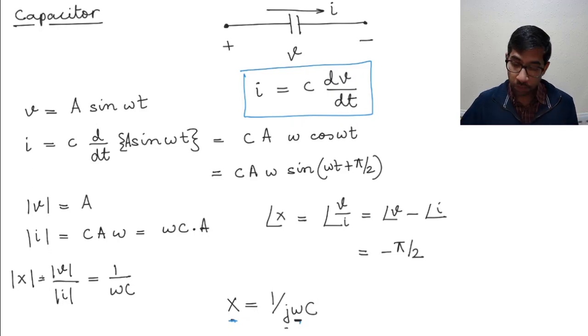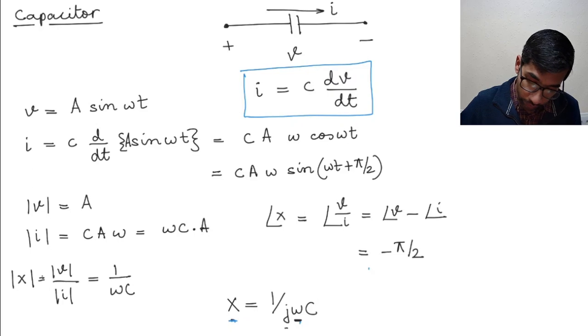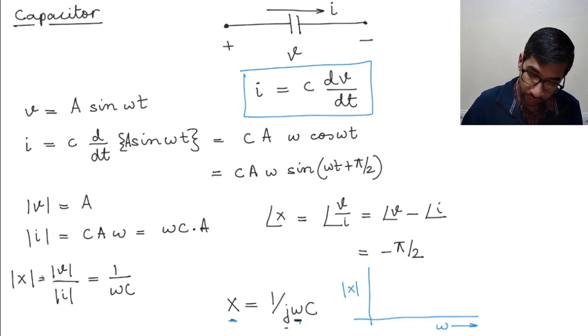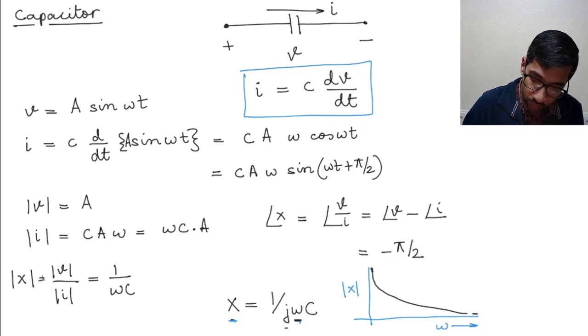So if you plot a frequency, on the x-axis you put frequency, and on the y-axis you put mod x. So what kind of a curve would you get? So mod x is going to be infinite at omega equal to 0, and it's going to be 0 at omega equal to infinity. And it's got a 1 over omega dependence, right? So it's going to be like this.